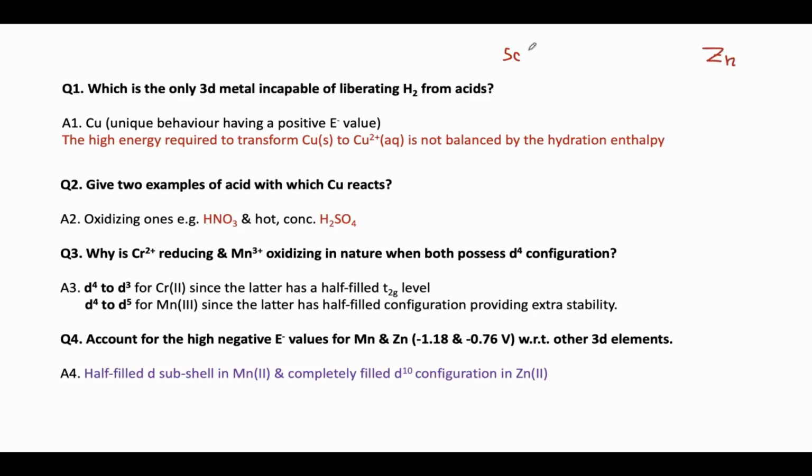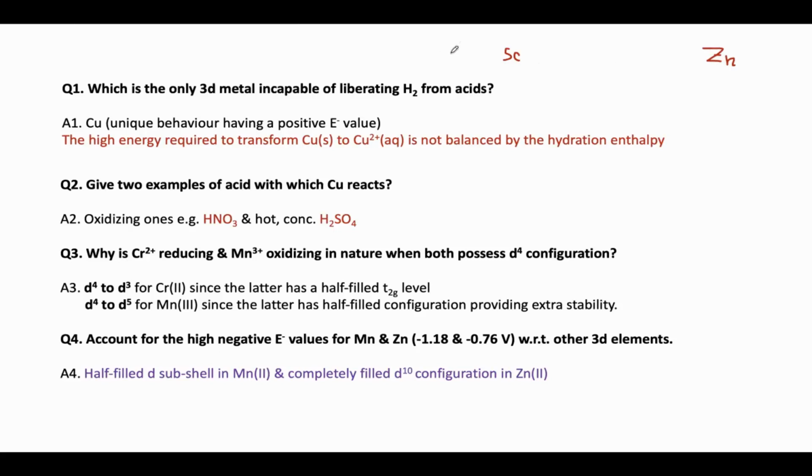Meanwhile, we have the metals titanium, vanadium, chromium, manganese, iron, cobalt, nickel, copper. These metals are intermediate between scandium, on the extreme left side of the d block elements, and zinc, on the extreme right hand side.